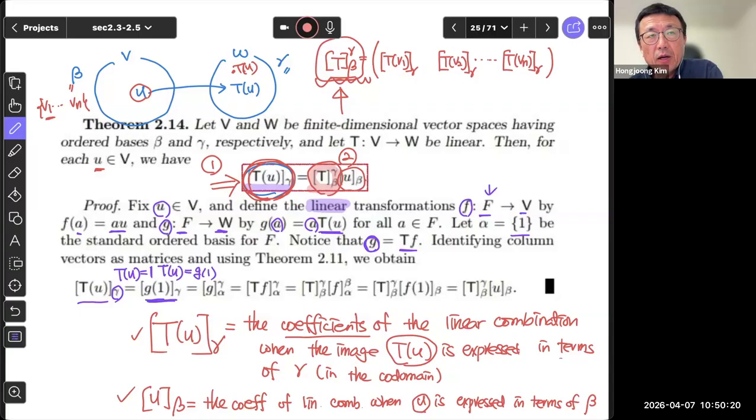Okay. And what does that mean? G of 1. And that means, what is this?